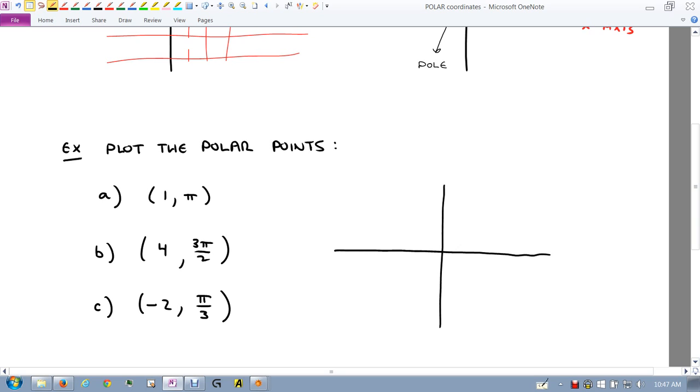So what is point A? I'm gonna turn by pi, right? I'm gonna rotate by pi. That puts me like this. There's pi. And I'm gonna walk out how far? 1 unit. So let's just say 1 unit is right here.